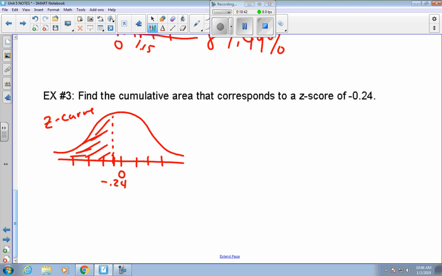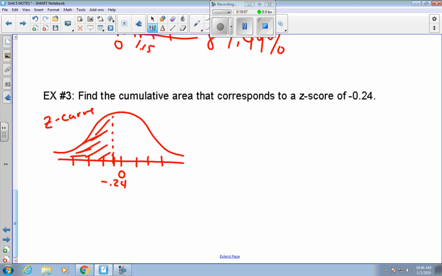So we should all still be on A16, table 4. I am looking at a z-score of negative 0.24. So I go down the column to negative 0.2. Now you have to be very careful. If you look at the top, it goes 0.09, 0.08, 0.07. It goes down on the left side.